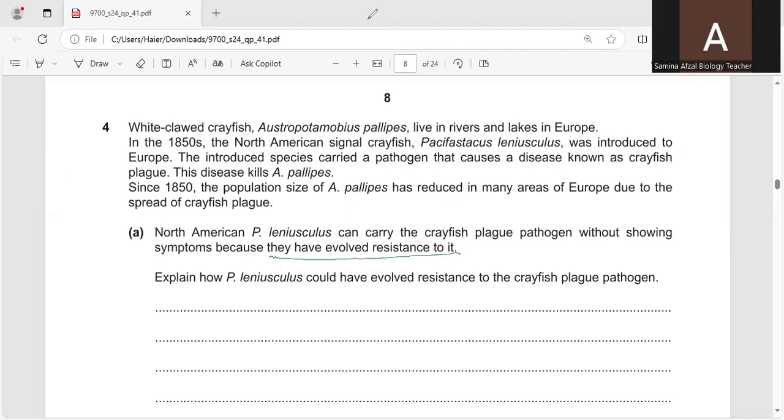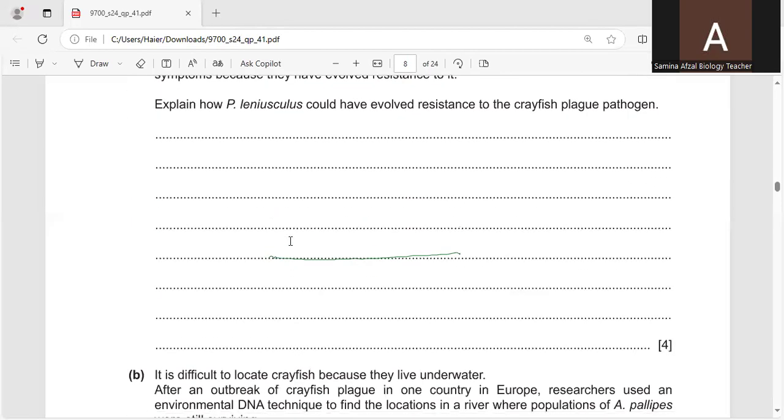So explain how this P. leniusculus could have evolved resistance to the crayfish plague pathogen. We have to explain how the resistance is produced. So you can say what happens at the time when they carry these pathogens.